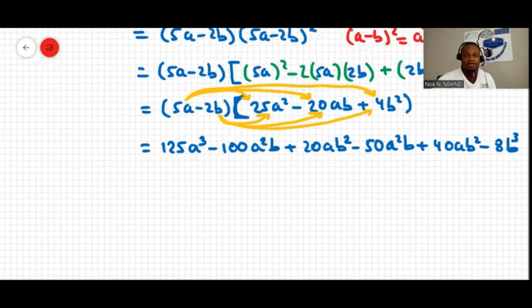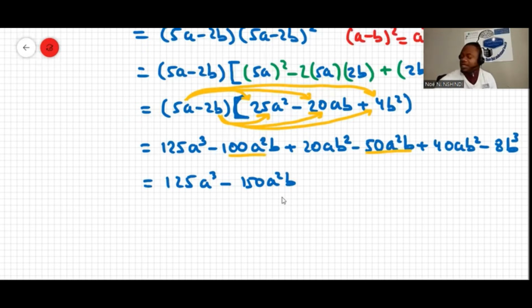Then are there like terms to simplify? Let's see. Terms that end with a cubed, we don't see. Terms that end with a squared b, we see that we have this and that. They end with a squared b. We can combine them, so it's 125a cubed minus 150a squared b, because negative 100 minus 50 makes 150.